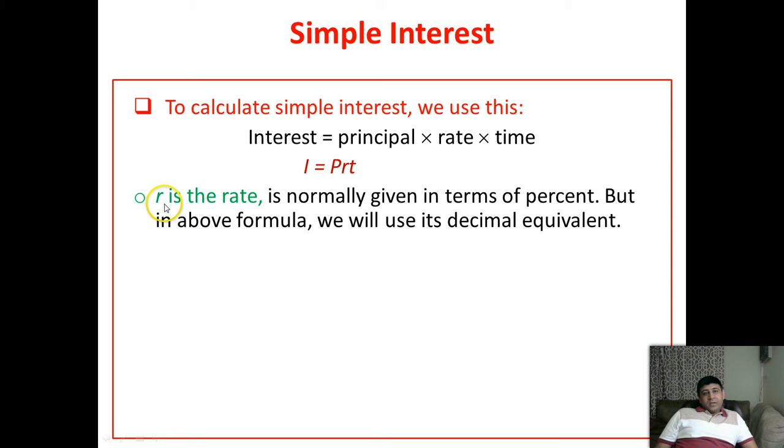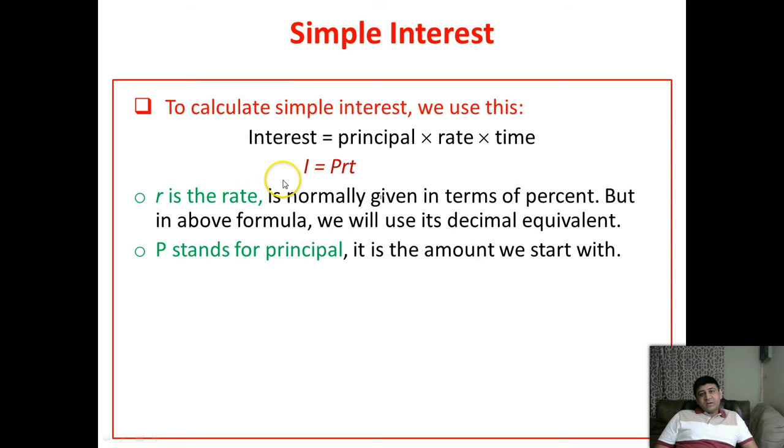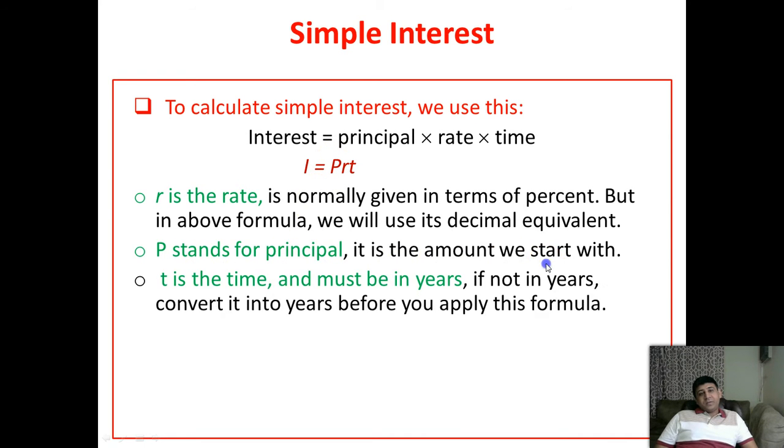Now R here is the rate, and it is normally given in terms of percentage. But when we apply this formula, we will use its decimal equivalent. We will not use the percentage as it is; we'll convert it into decimals, then use it in this formula. P stands for the principal, as I already told you, the amount we start with.